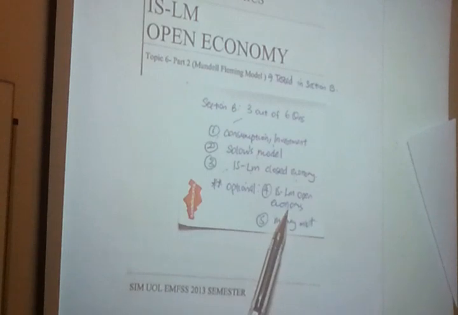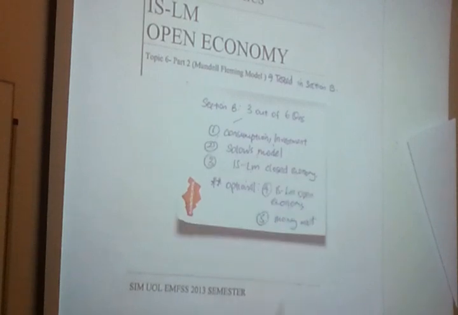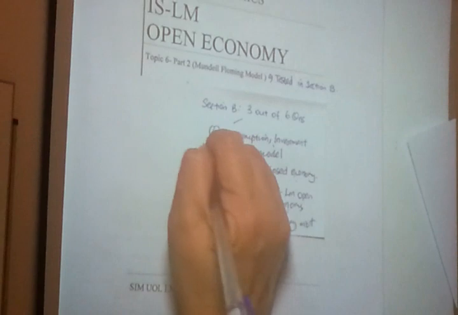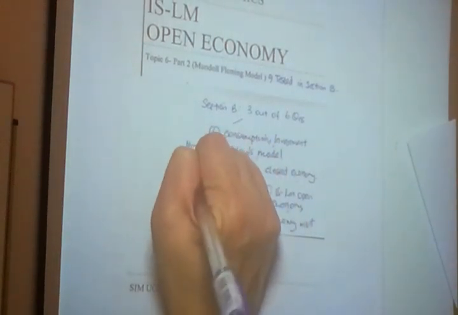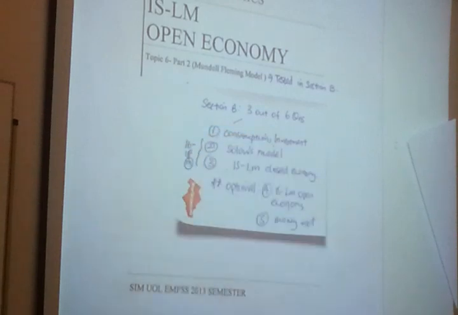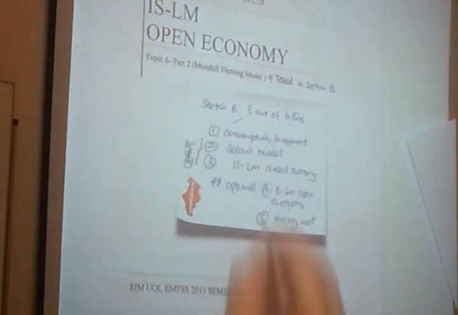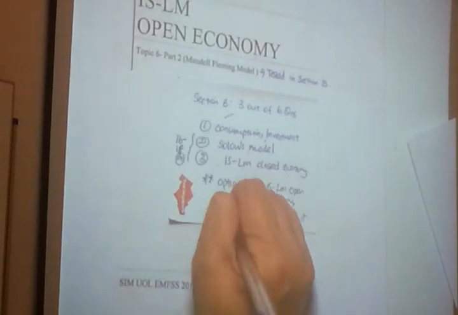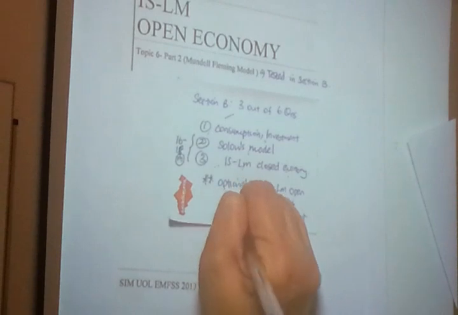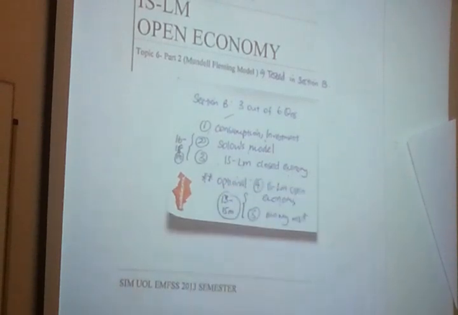ISLM, open economy. But because it's an optional topic, for all the topics you are very well prepared for, you want to score between 16 to 18 marks. But if the question turns out to be difficult and you want to do your optional topic, you only want to score between 13 to 15 marks instead, because you are not fully well versed.